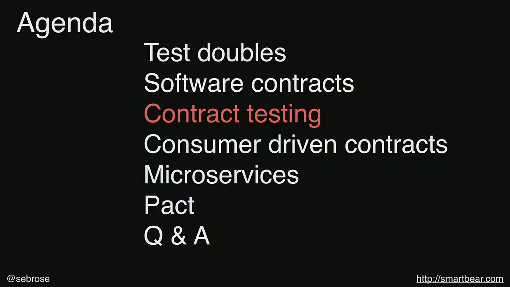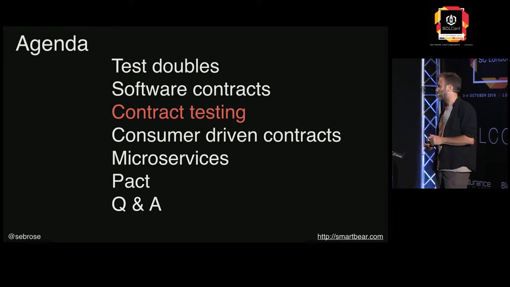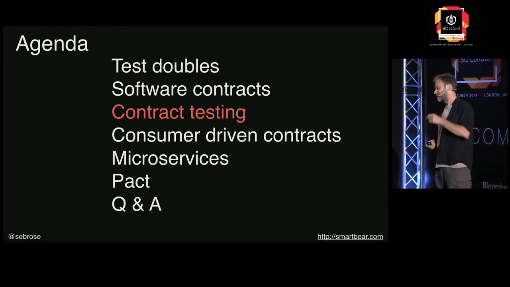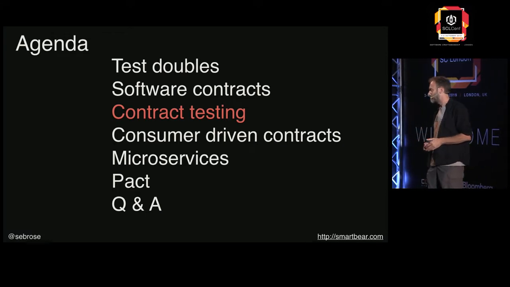So this is where contract testing comes in. Contract testing is another suite of tests that tries to ensure that your test double is working in the same way that the dependency it's replacing behaves.